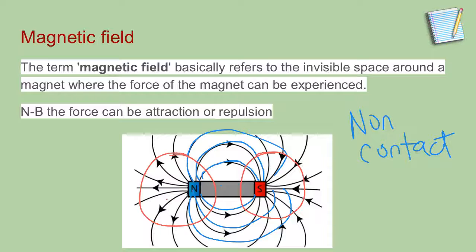So the North Pole and the South Pole have a stronger magnetic field than you have on either of the sides. This means that the attraction force or the repulsion force is going to be stronger on the poles as well. And yes, the two forces are attraction and repulsion. So please write this down in your notebooks as well, and then carry on.